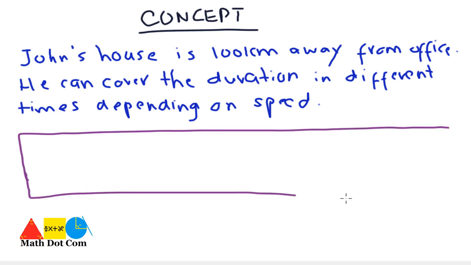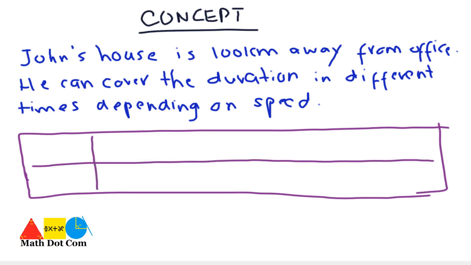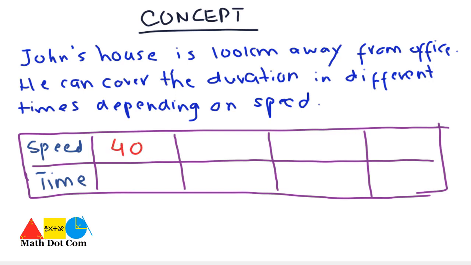Here is a table showing the different columns for different values: speed here and time here. If John's speed is 40 kilometers per hour, then the time consumed will be 150 minutes.